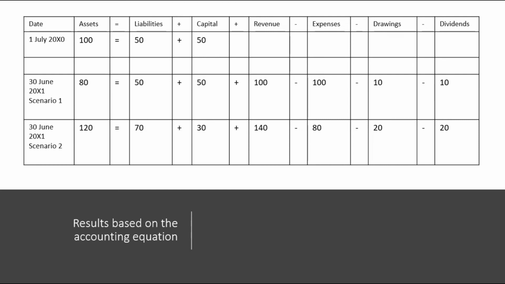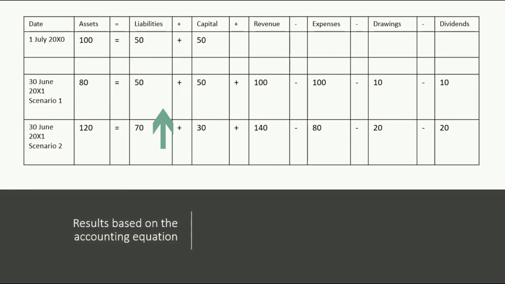So then the question is, how come the assets have increased? In scenario 2, the assets have increased, but with the increase in assets, there is also a corresponding increase in liabilities.